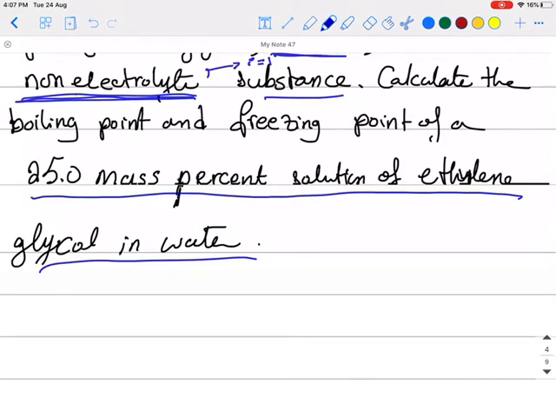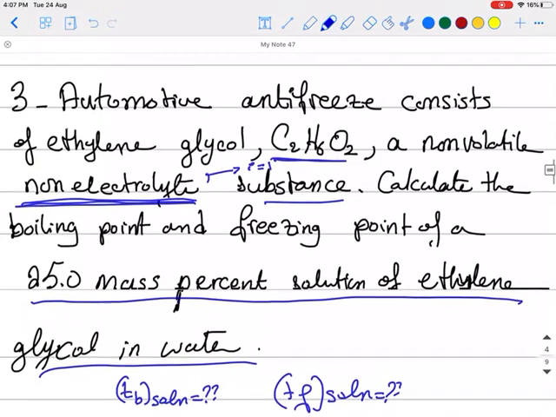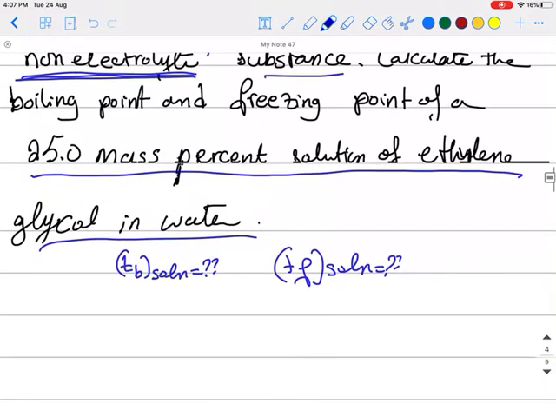So T_b of the solution equals how much, and T_f of the solution equals how much.